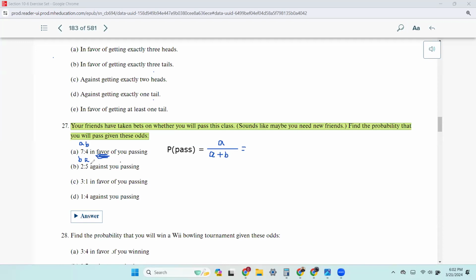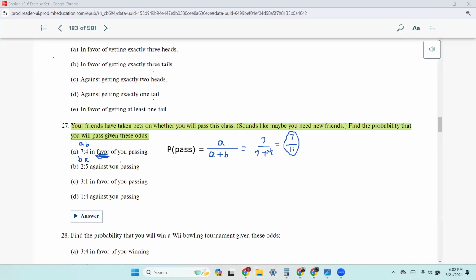All right. So A is 7. And then the denominator is 7 plus 4. So this ends up being 7/11. So the probability that you pass is 7/11.